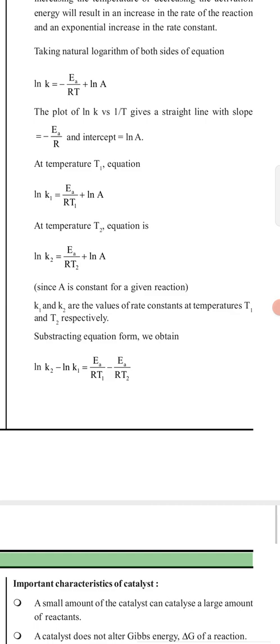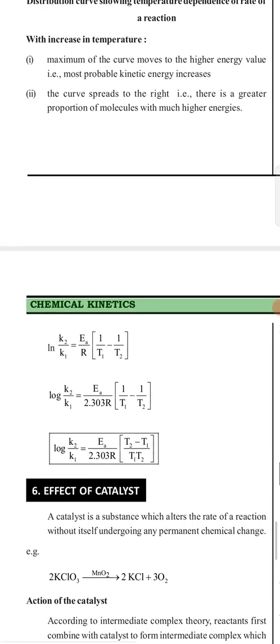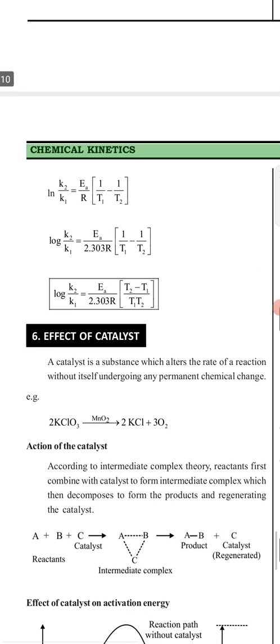That value is required for solving numericals. If we convert it into log, then log K2 by K1 equals EA by 2.303 R times (T2 minus T1) by T1 T2. This equation is very important.